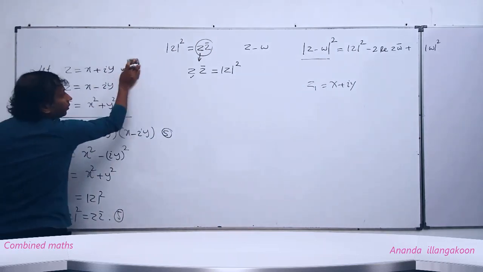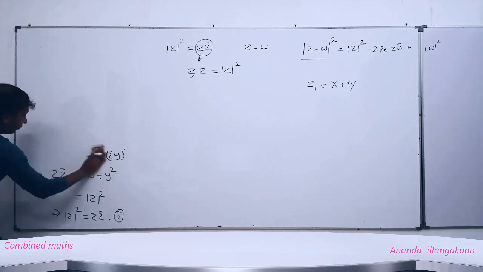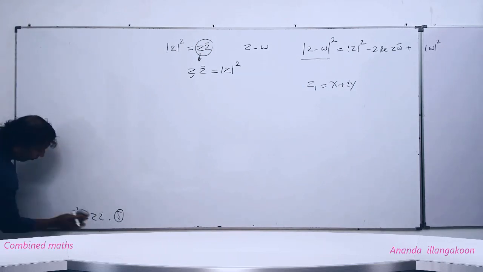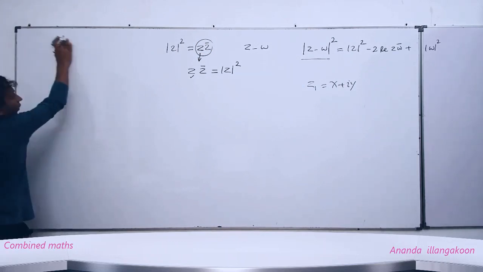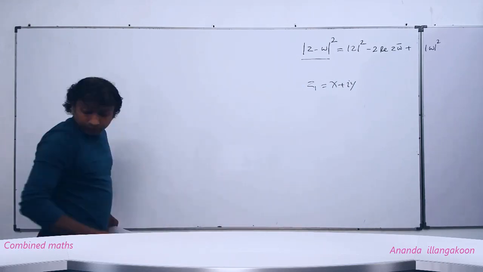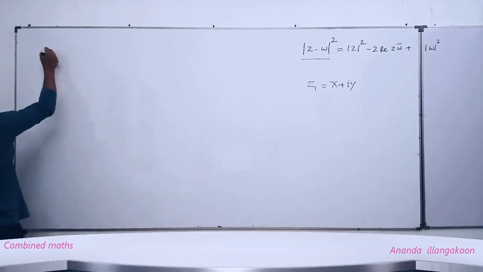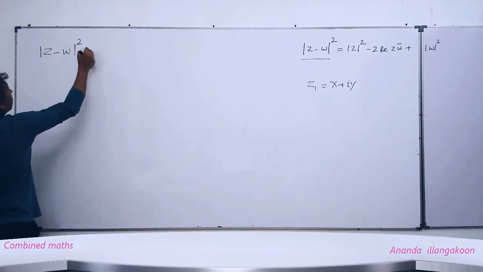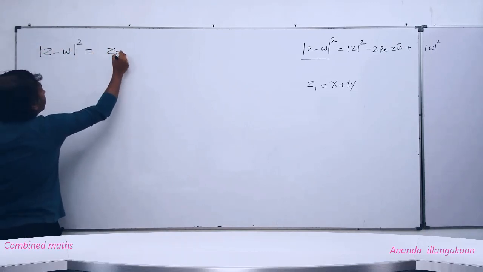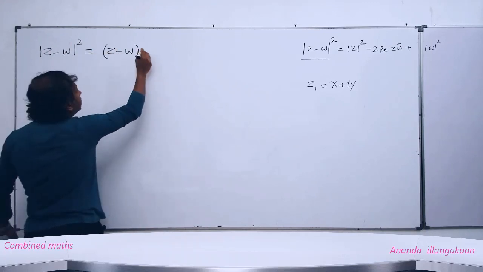So for z minus w, the modulus squared, you can write: mod of z minus w squared is equal to z minus w times its conjugate.